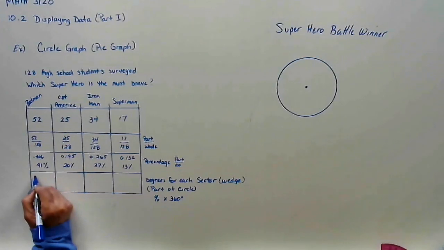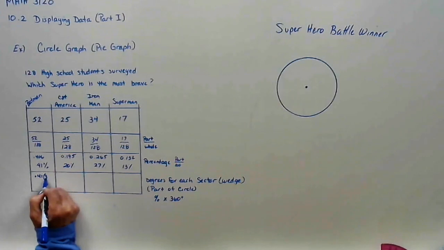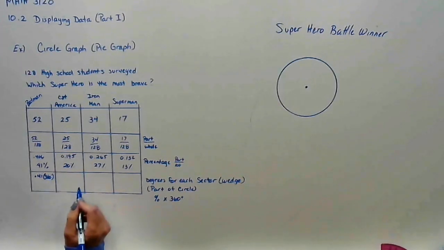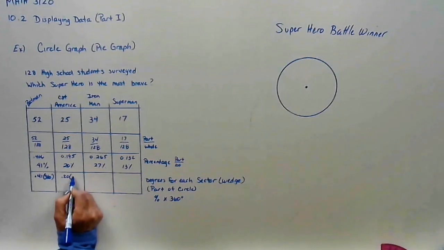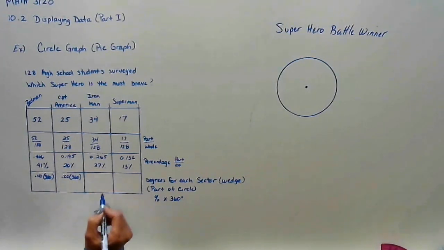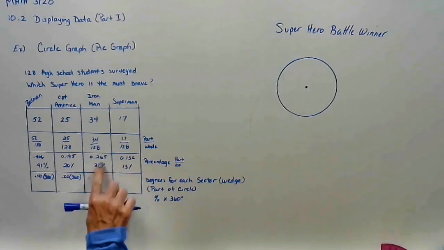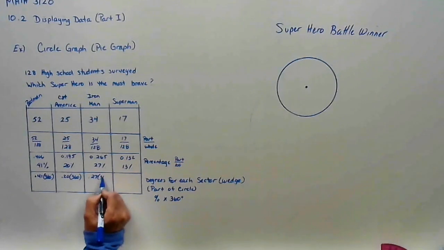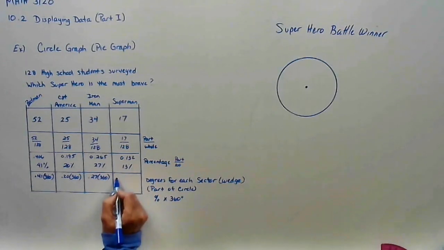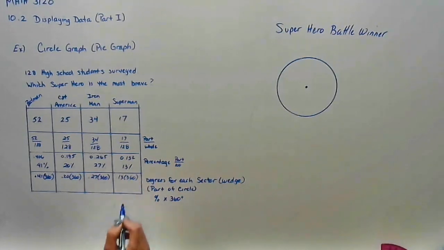So if I take my 41% and I multiply that by 360, if I take my 20% and I multiply by 360, if I take my 27, it's going to be more accurate with this number, and I multiply by 360, and I take my 13% and I multiply by 360, we're going to get the percentage of the circle we need, how many degrees. Okay?